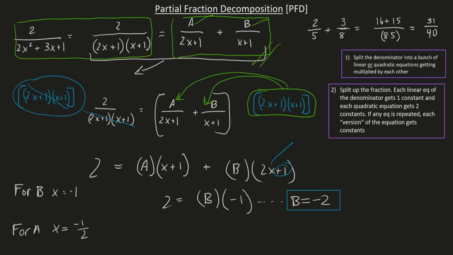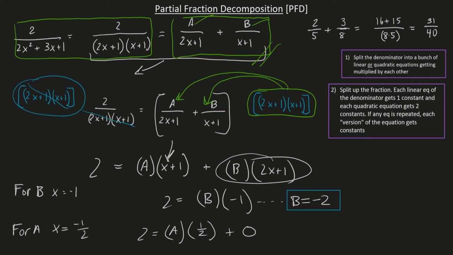So that'll do it right there. So what I'm left with is 2 is equal to a times x plus 1, and for x I plug in that -1/2. So -1/2 plus 1 is +1/2, plus, and we know that this whole thing is one big 0. So if I solve, a is equal to 4. So that is our step 3 right there.